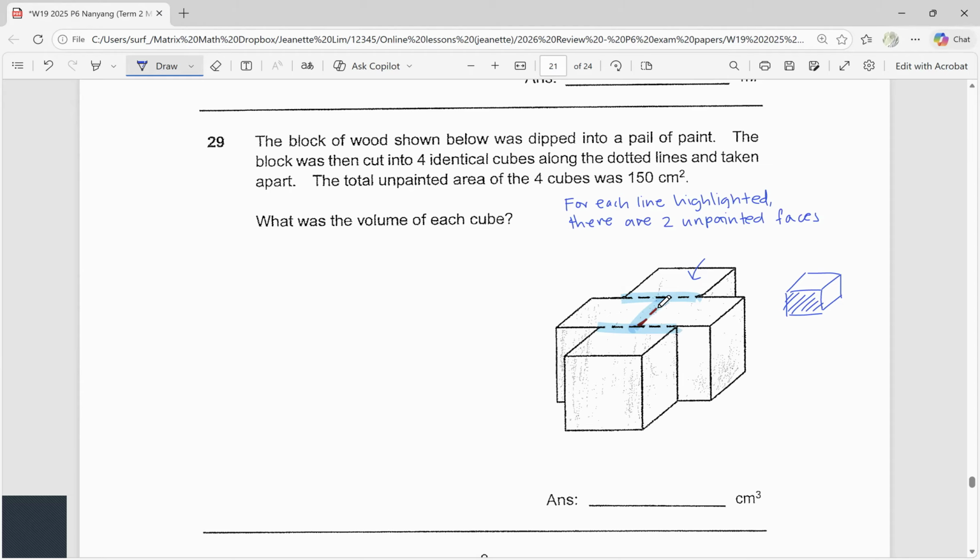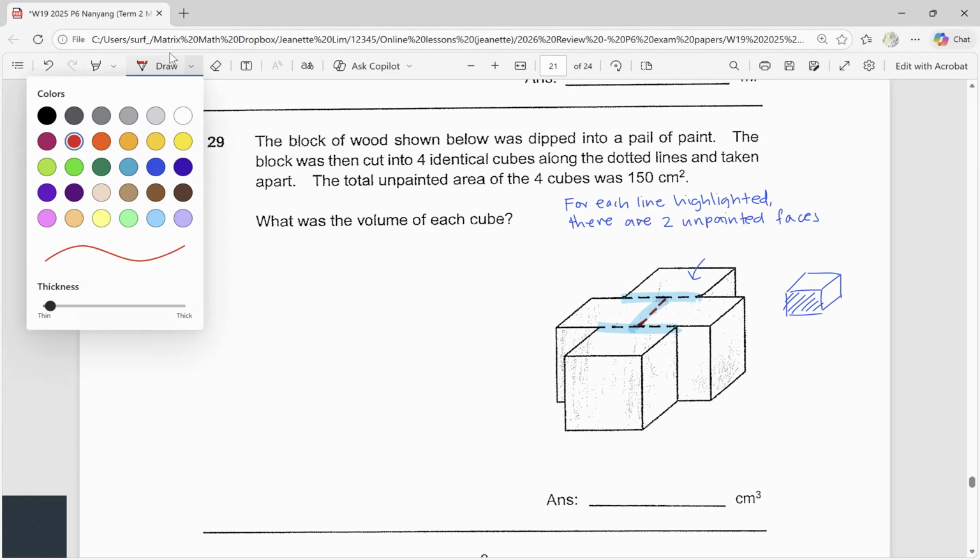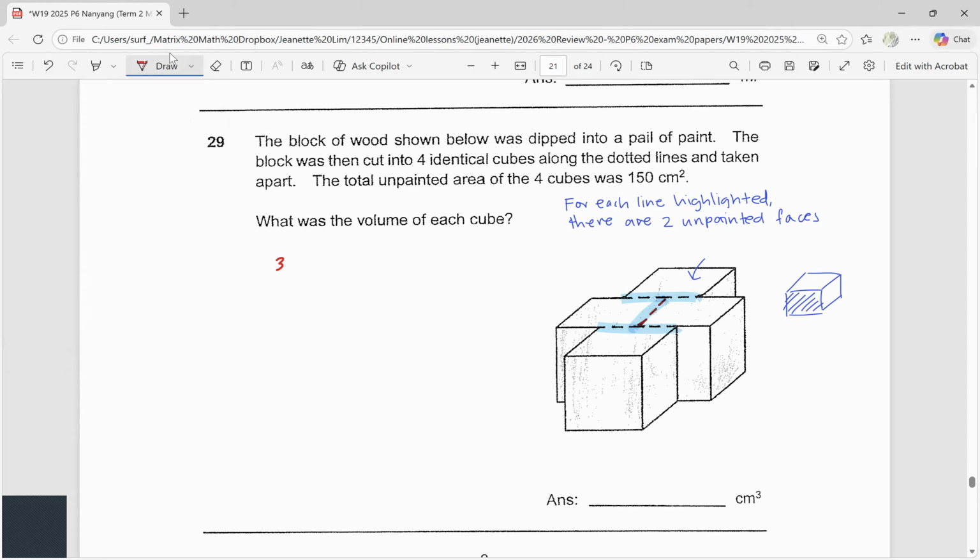Whenever you have a line, there will be 2 faces sticking to each other, which will not be painted. So total, we have 6 unpainted faces. 3 lines, each line 2, so 3 times 2, 6 faces, total area 150 square cm, as given in the question.